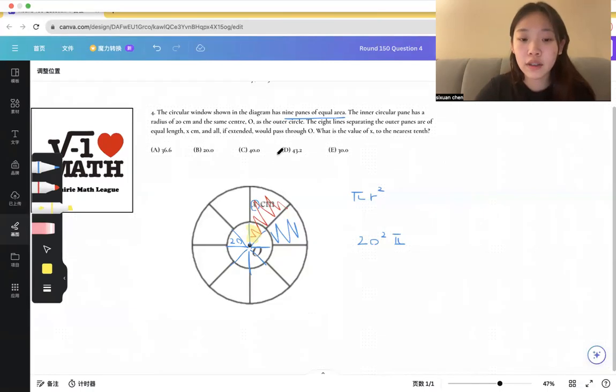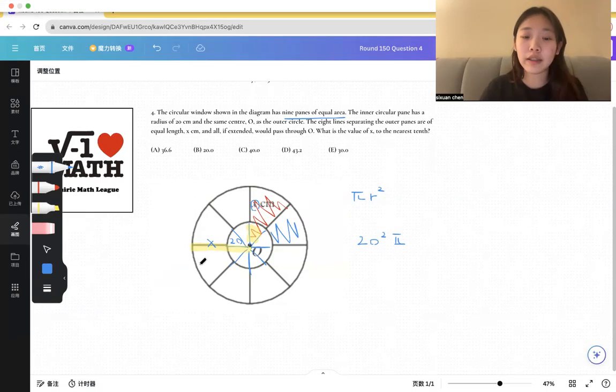To find the area of the larger circle, we first need to find the radius. The radius, which is this line right here, has a part with a length of 20 and the outer segment has the length of x. So the radius of this larger circle will be x plus 20.